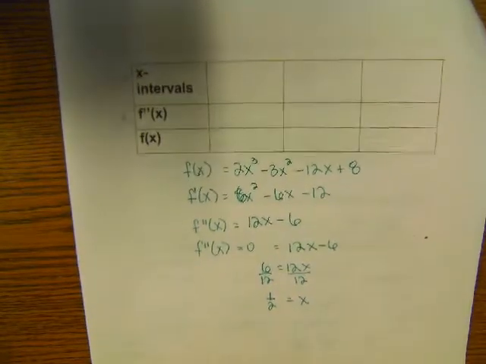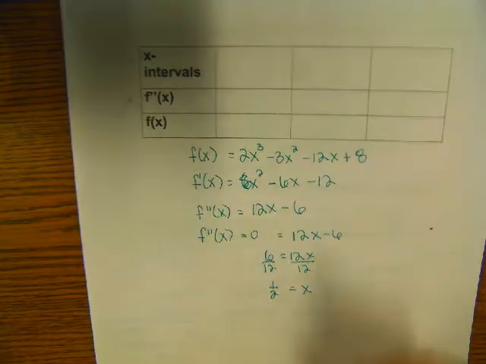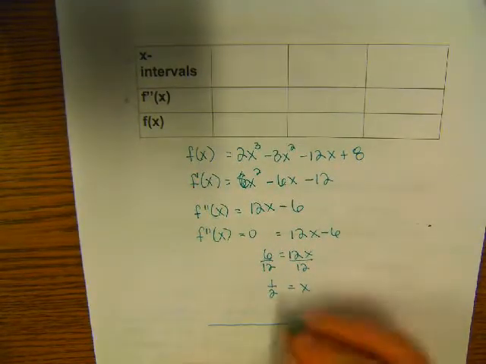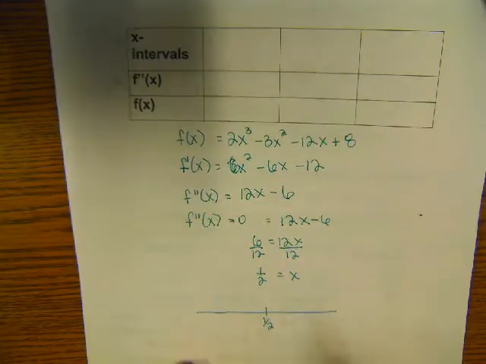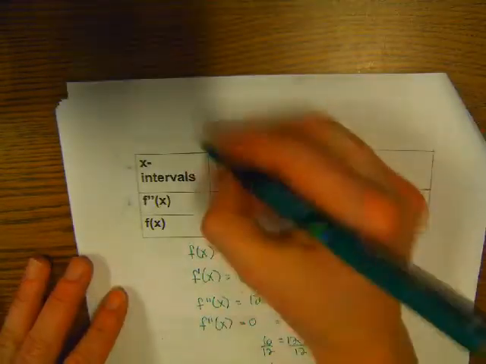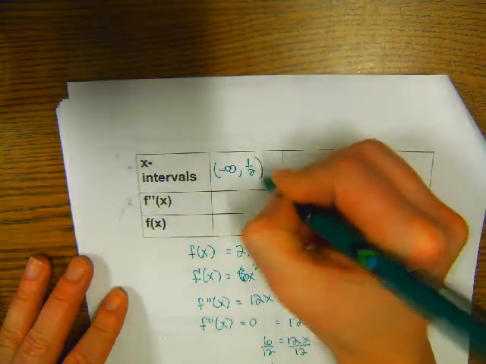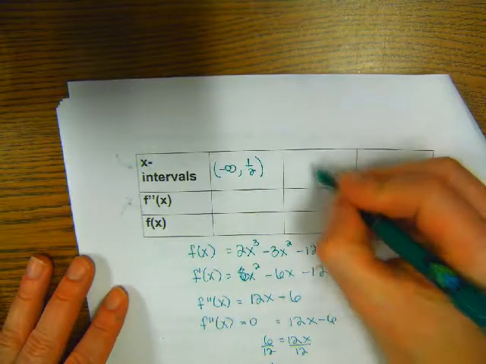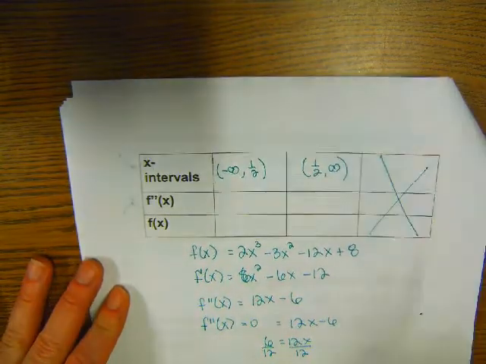So now I'm going to do a sign chart with this. And actually, I don't need all these intervals. There's just one sign switch, which I'm checking if it's a sign switch. That breaks this into 2 intervals. I have the interval negative infinity to 1/2, and then the interval 1/2 to infinity.